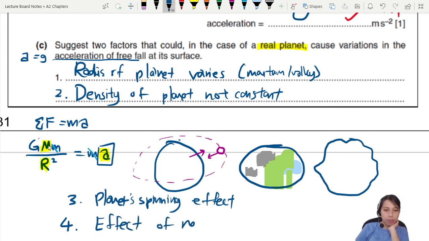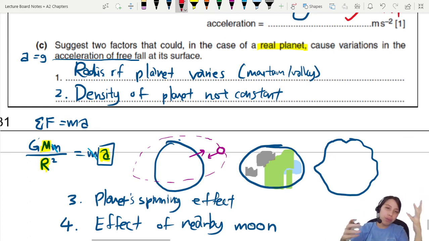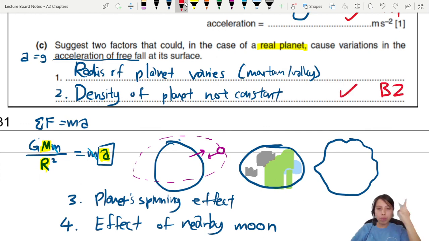If you want to be extra and say, but then we've got Mars, we've got the Sun, we've got Jupiter, yes, they also exert a force on us, but it's small. The moon is our nearest friend, so the biggest neighbor. So any of these choices, as long as you mention 2, you get a B2 mark for 2 points.